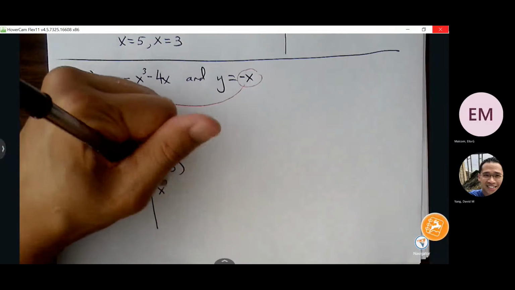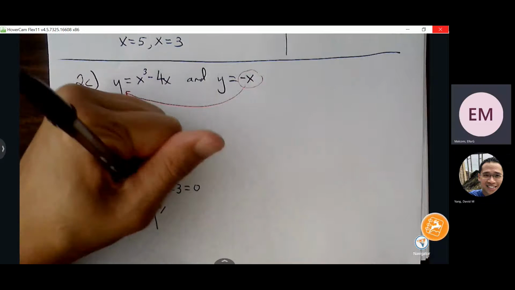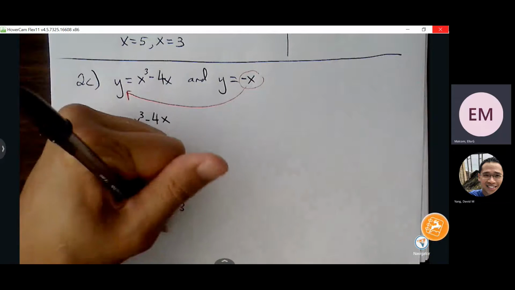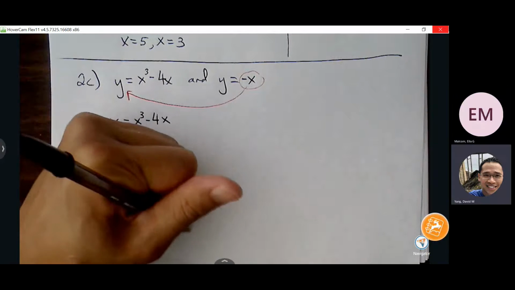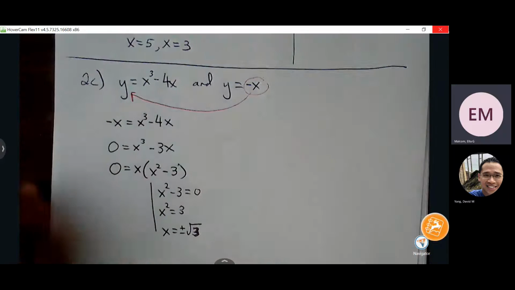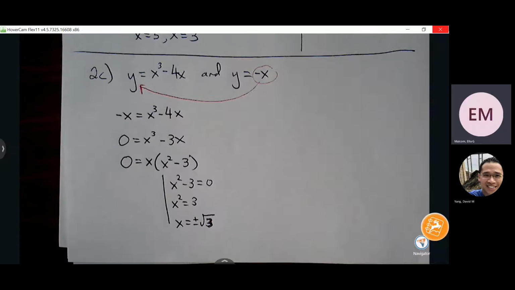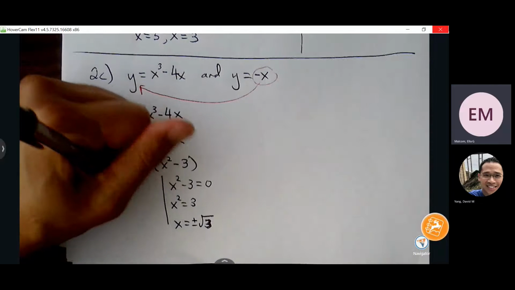And then that'd be x squared equals 3. And then x equals plus or minus root 3. That's right. Anything else? Oh, and then could x also equal 0? That's right.